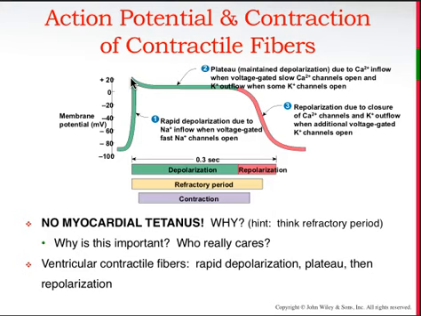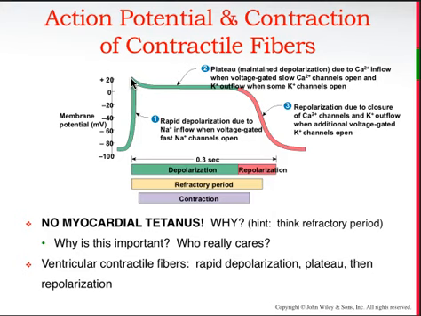At the same time, potassium is outflowing, so we're losing potassium out of that cell through some potassium channels that have opened. So depolarization is all in green, and then what happens is we have a repolarization. Repolarization happens when the calcium channels close, and we stop that influx of calcium.